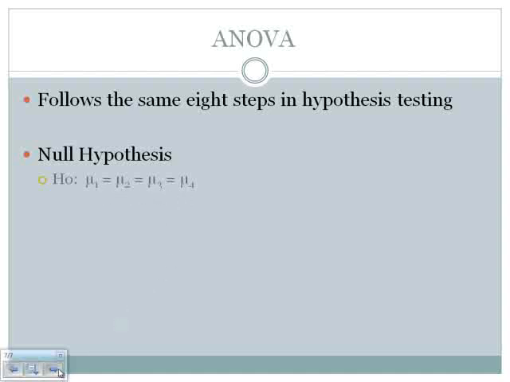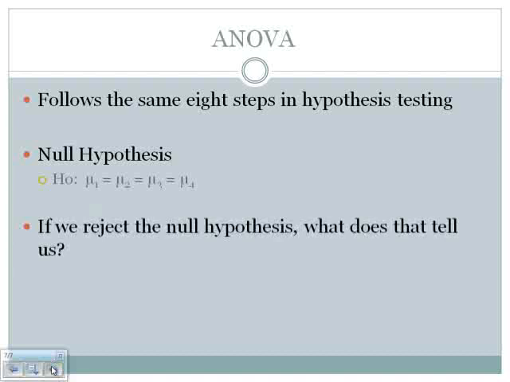And what we would hope is that we would reject the null, because if we've gone to the trouble to conduct this experiment, we hope that, in the drug example, these three are better than doing nothing, which would be our control group, mu1. If we reject the null hypothesis, what does that tell us? It tells us that there's some difference amongst these means. The unfortunate thing, unlike the t-test, is that we don't know where the differences are.